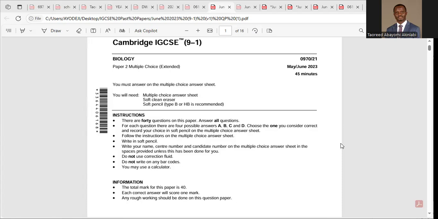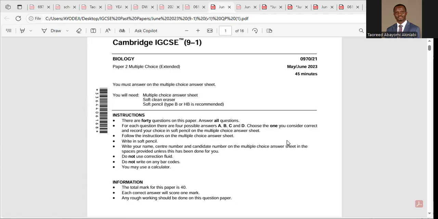While Paper 6 or Paper 5 is for 1 hour, and the total mark is 40 marks. That means everything will be totaling 200 marks for the total grading. That shows that Paper 2 constitutes 30% of the total mark available for every candidate.